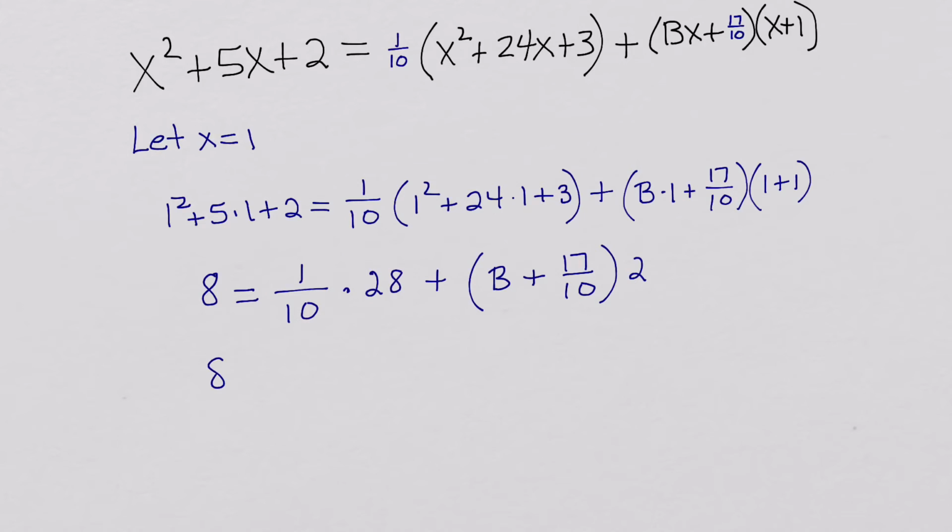So now we're just going to finish solving this. This is just a nice little linear equation. 8 equals 28 over 10. And notice I'm not simplifying the 28 over 10. I'm doing that on purpose for two reasons. One reason is because I already did this problem to make sure that I don't mess it up while I'm doing it on video.